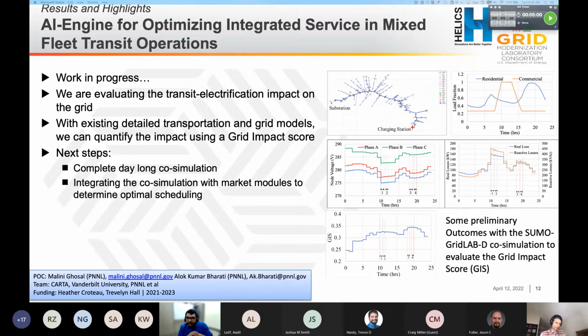But we are working on a few other proposals and projects at the lab where we are looking at it from the grid side in a more detailed way, to understand how transportation electrification and integration of light duty, medium duty, and heavy duty electric vehicles can impact the distribution or the transmission system planning.